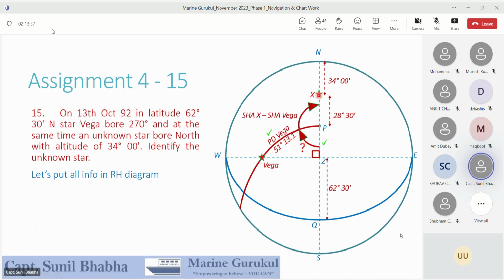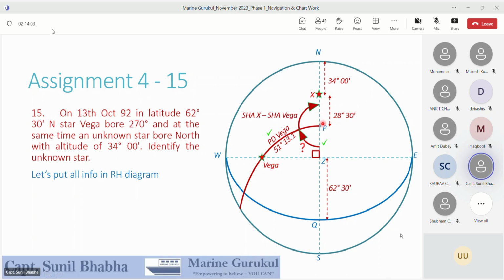Now, if you look carefully, Papa X-ray, PX, is the polar distance of this particular star. Now, we know polar distance is 90 minus declination. So once we have the polar distance, 90 minus the polar distance is going to give us the declination of the star. So we can obtain the declination of the star.